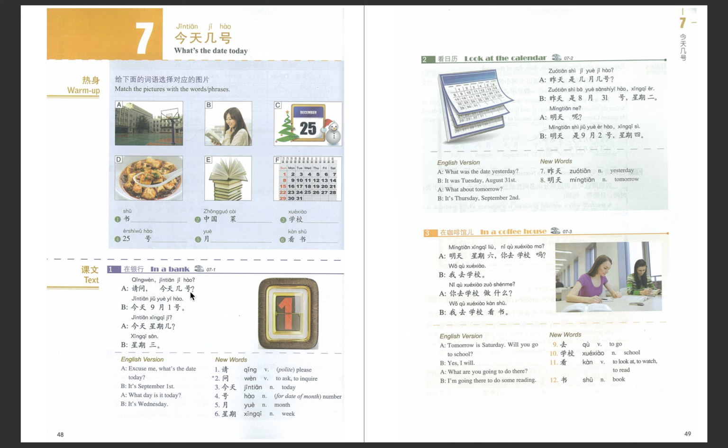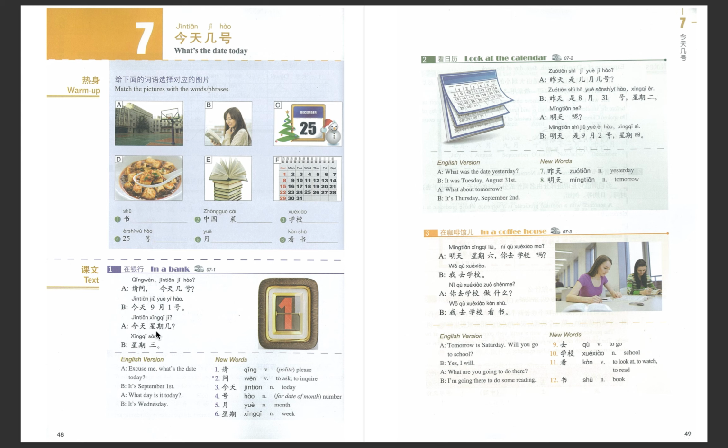So what date is today? 今天9月1号。今天 today, 9月 ninth month. So which month is the ninth in your year? It's September. 1号, the first of September.